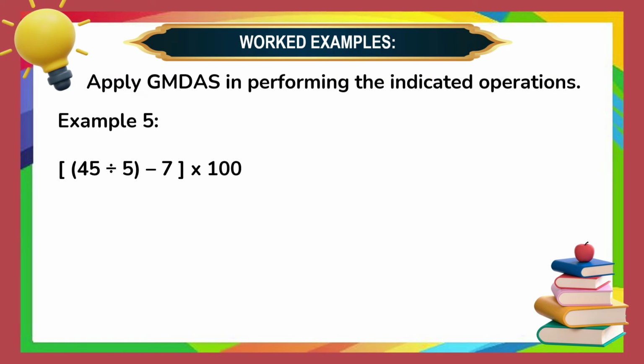For example number 5, open bracket, open parenthesis, 45 divided by 5, close parenthesis, minus 7, close bracket, times 100. Okay, so the solution. So we have two grouping symbols involved, parenthesis and the bracket. So in this case, we are going to do the operation inside the parenthesis first.